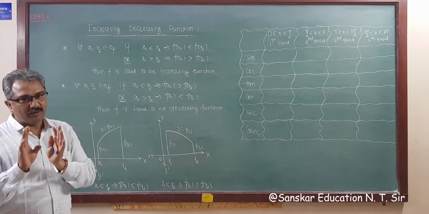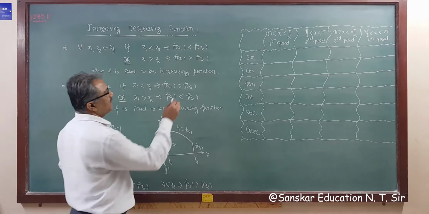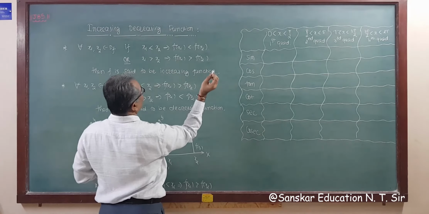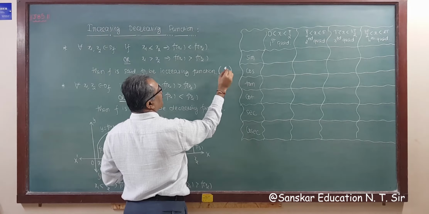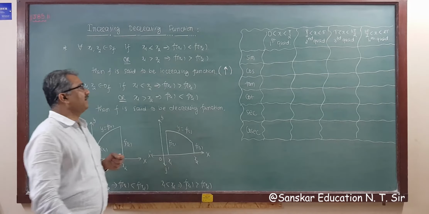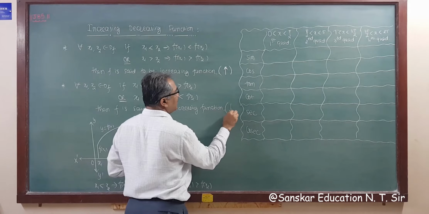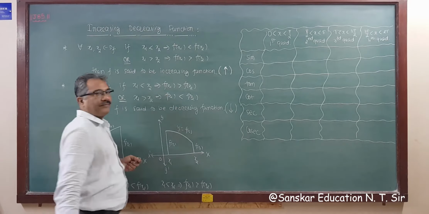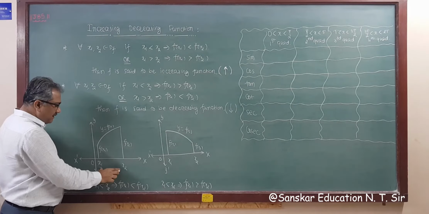So what you have to remember: inequality remains the same, the function is increasing, and for an increasing function we use an upward arrow, and for a decreasing function we use a downward arrow.